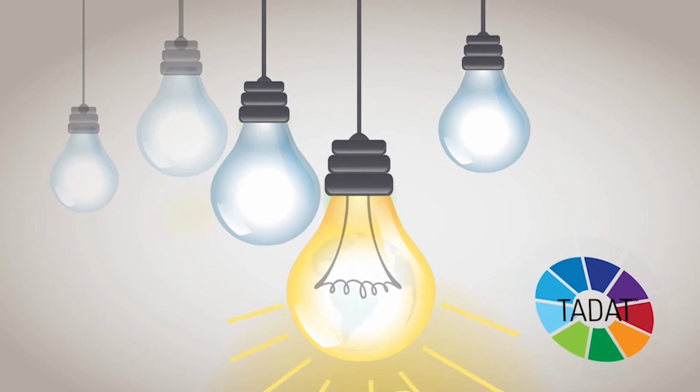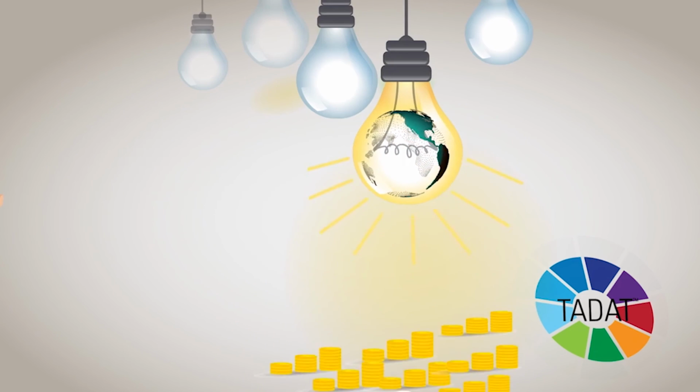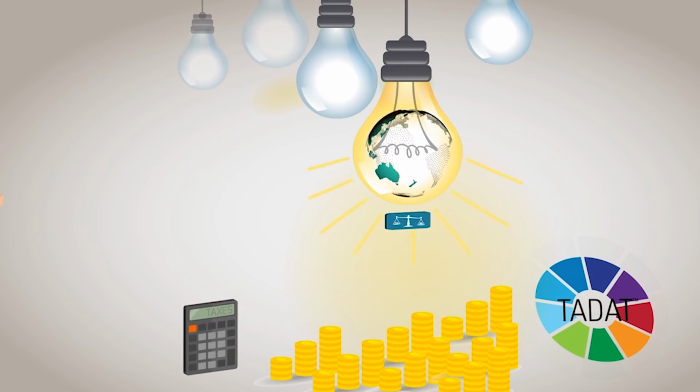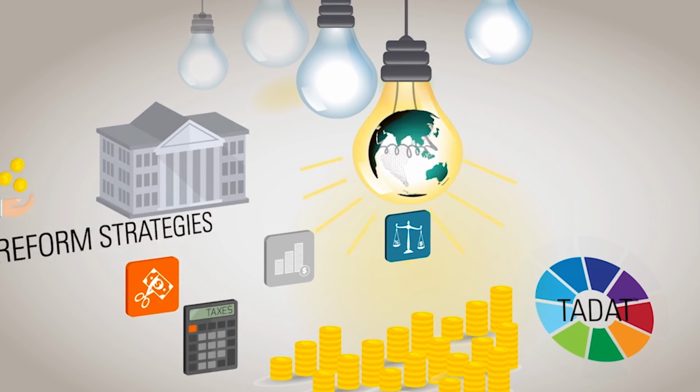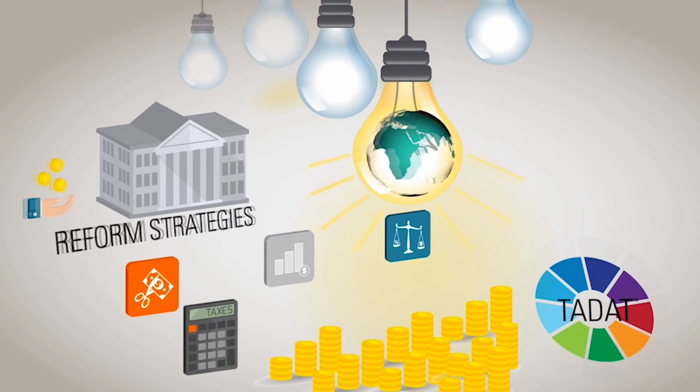A better understanding of what works and what does not helps focus and setting the reform agenda, establish priorities and sequencing implementation. This reinforces the design of tax administration reform initiatives.